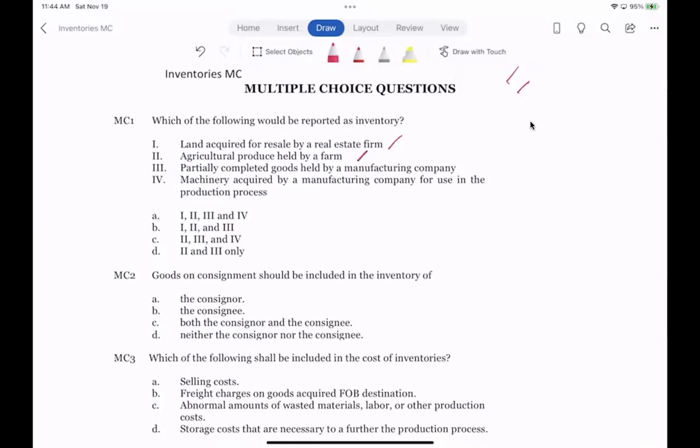Partially completed goods held by a manufacturing company, this is work in process, which is part of the company's inventory. Machinery acquired by a manufacturing company for use in the production process, although used in production, is classified as property, plant, and equipment and not inventory. Therefore, it's letter B, 1, 2, and 3.